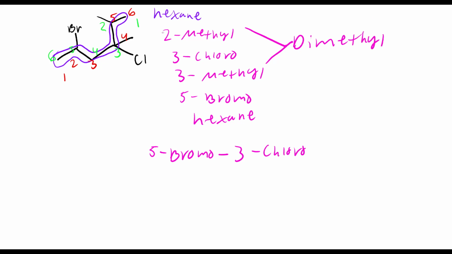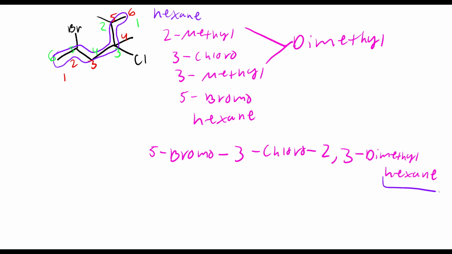But notice that we have different numbers. So I'm going to say this. I'm going to say 2, comma, 3, dimethyl. Do I have anything else? No. So we say hexane. The 2 and 3 means, well, let's break this down. Let's digest it.